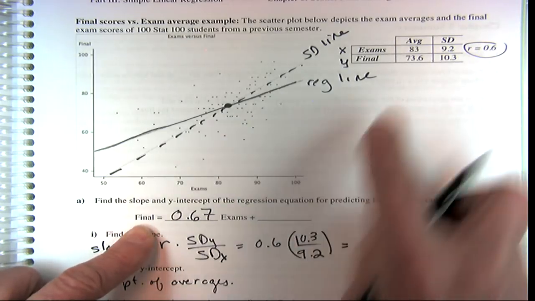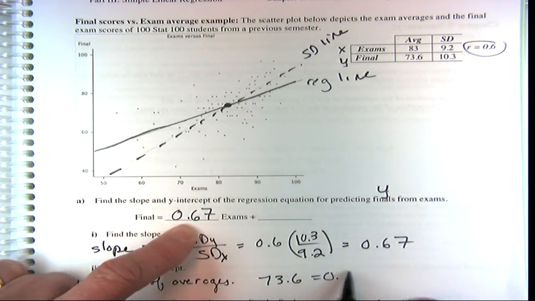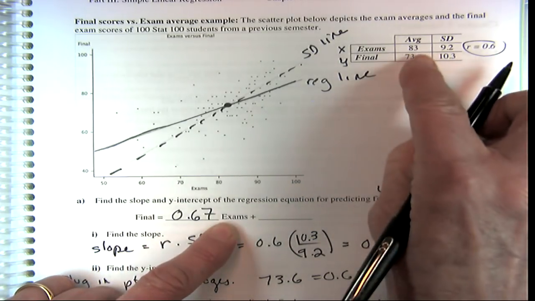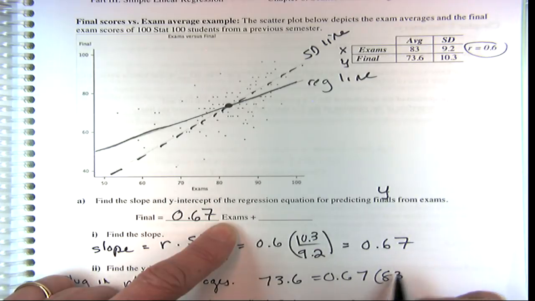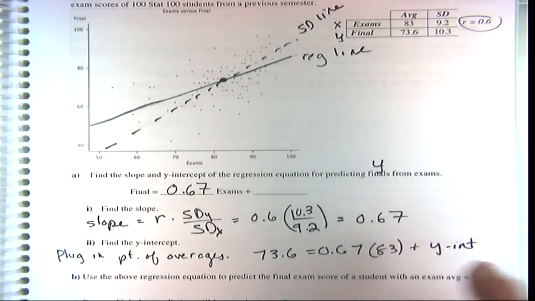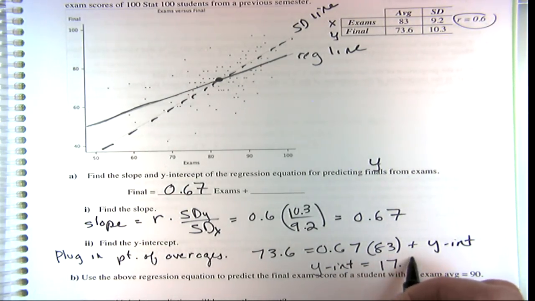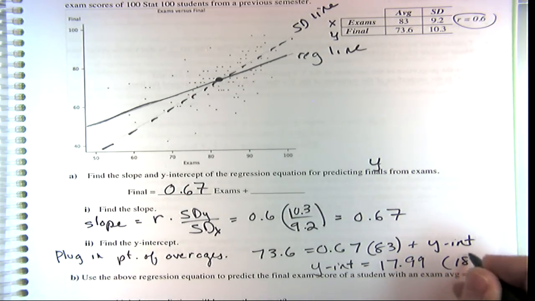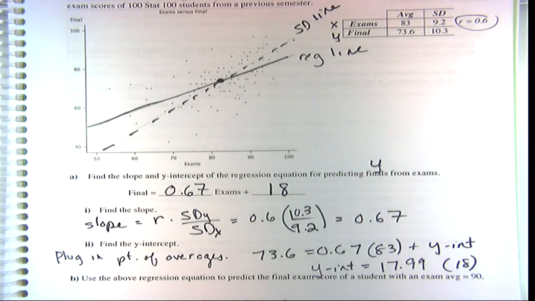For the final, we'll plug in 73.6 is equal to 0.67 times the average exam, which is 83, plus the y-intercept. And just solve for the y-intercept. I got the y-intercept equal to 17.99, and I'll round to 18. So there's my equation. That's the regression equation.